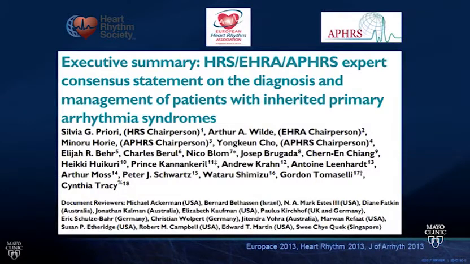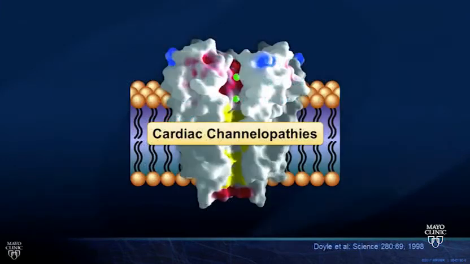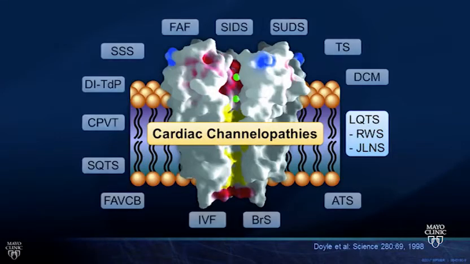Many of the board's relevant questions are derived from this latest consensus expert statement regarding management of patients with primary arrhythmia syndromes. This is an amazing collection of diseases. It's really a new, or not that new any longer, subspecialty within the heart rhythm services. And long QT syndrome is the most common, and that's where we'll conclude, but it's not alone.